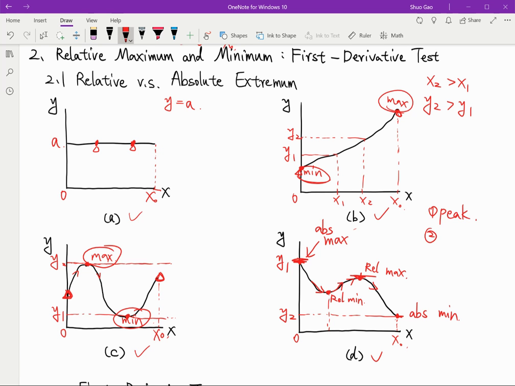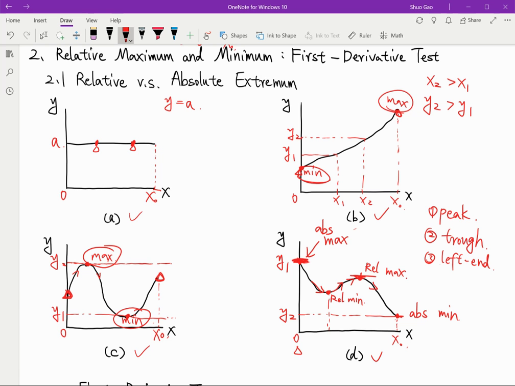And then second, we need to find the trough values in the function because they may be the potential absolute minimum values. And third, we need to find the left end value of y, which is when x equals the smallest value in the domain, which is 0 in this example.